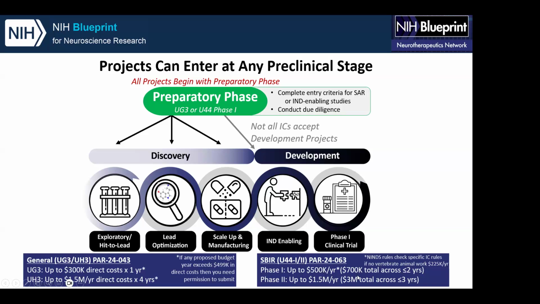But if you have a vertebrate animal section, you could be up to 500K, 700K across 2 years, or 1.5 million up to a maximum of 3 years, $3 million in phase 2. So one of the differences here, as you can see, is most phase 1 or UG3 are going to be 1 year. That's what the expectation is.